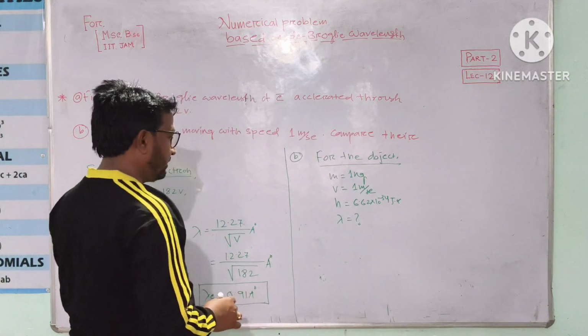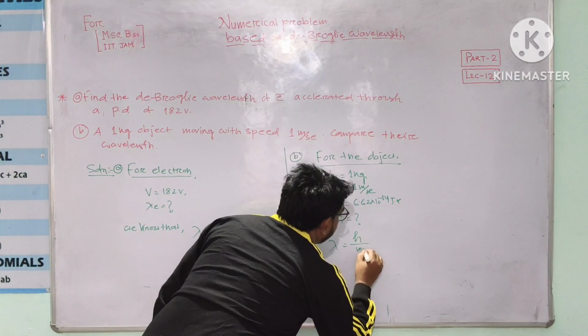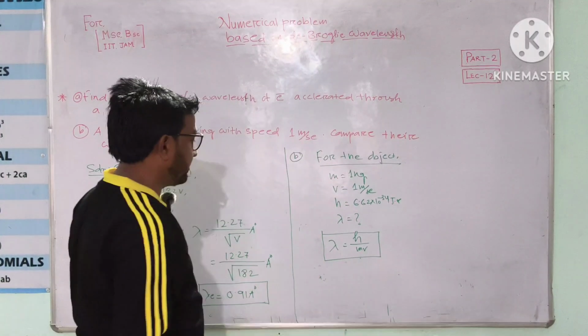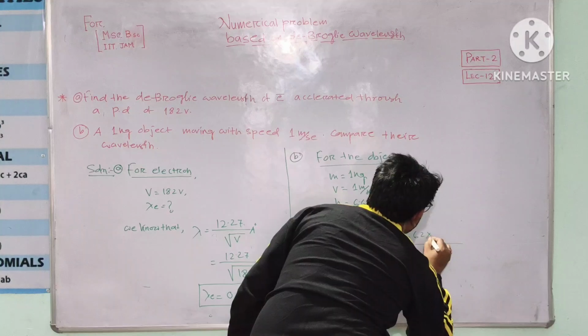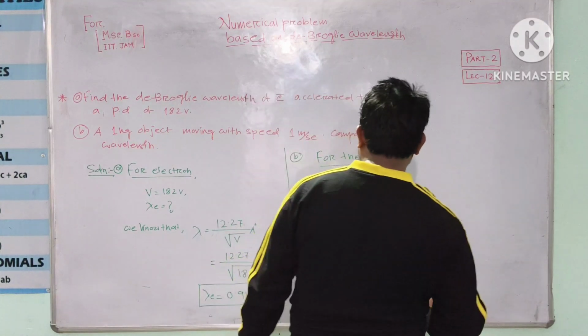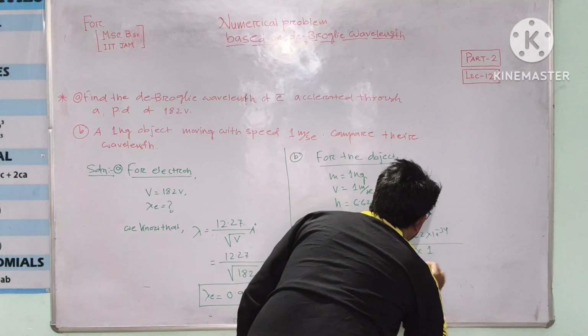Okay, so we can write lambda equals h by mv. This is called the de Broglie wave equation, and the value of h equals 6.62 into 10 to the power minus 34, and m equals 1 kg, v equals 1 meter per second.